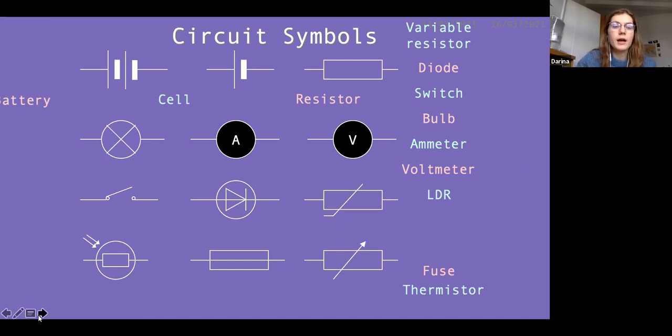Anything that emits light is probably going to be roughly sketched like that. Next one, we've got a circle. I'm not sure why it's black. It usually isn't in circuit diagrams. We've got a circle with an A in it. An ammeter, perfect, yes. It measures current, and we'll be looking at them again later on.